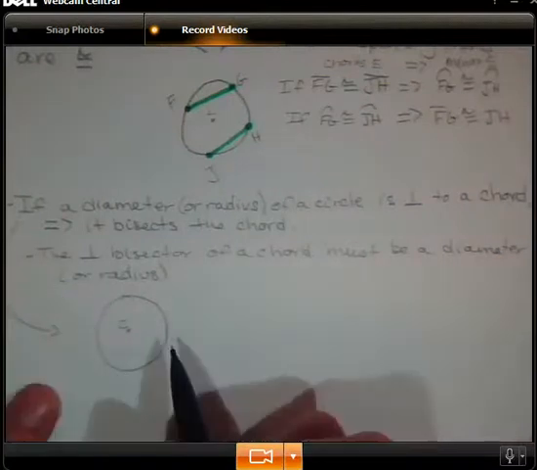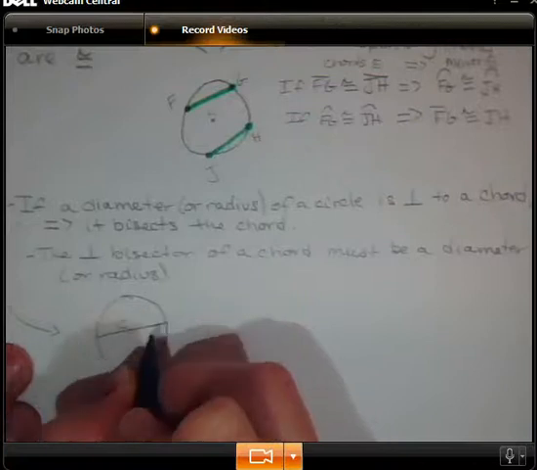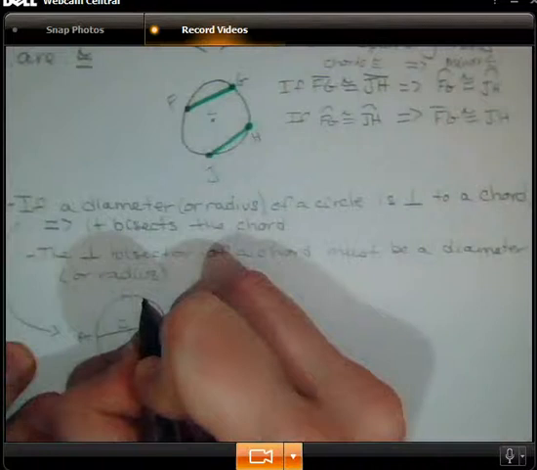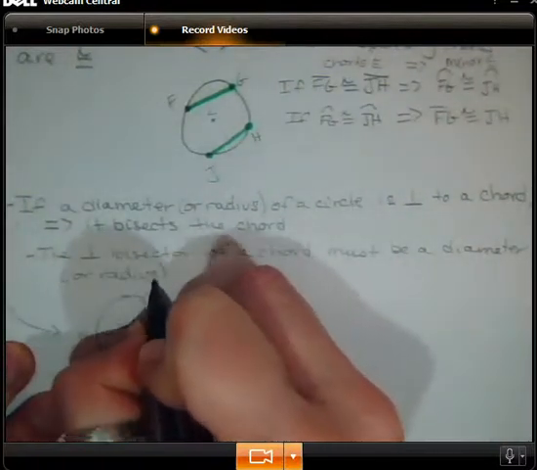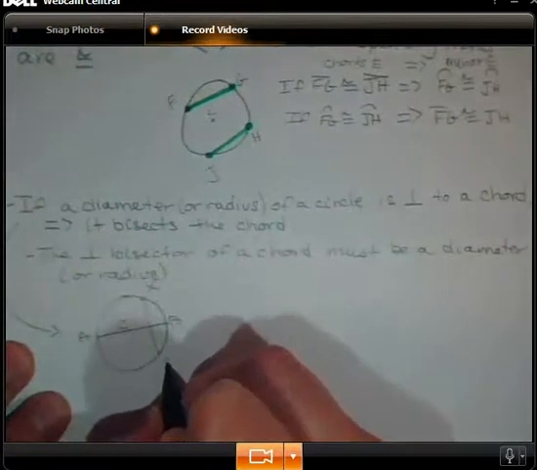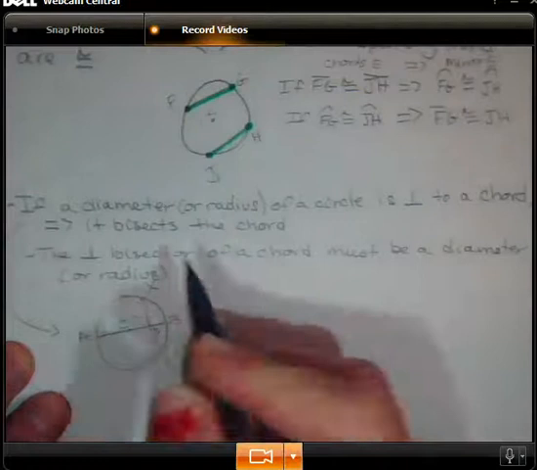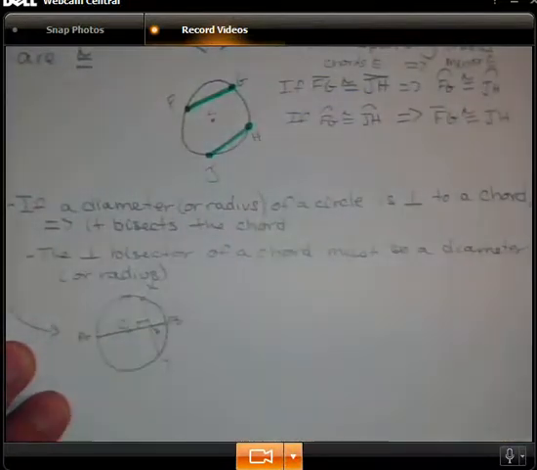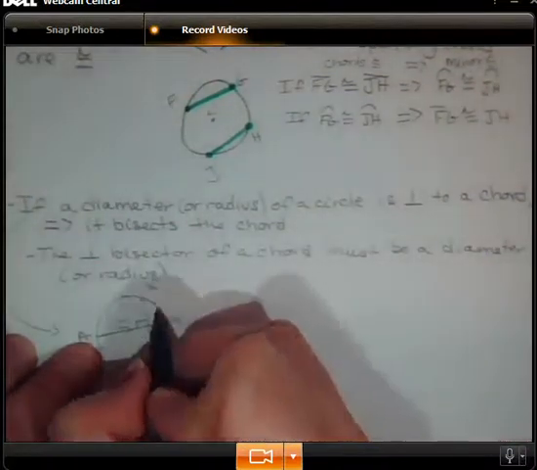So if we have a picture here and we have a diameter, we're going to call that diameter AB, and we have a chord right here, and our chord is going to be XY, and this is point Z. So if a diameter is perpendicular to the chord, then it bisects the chord into 2 equal parts.